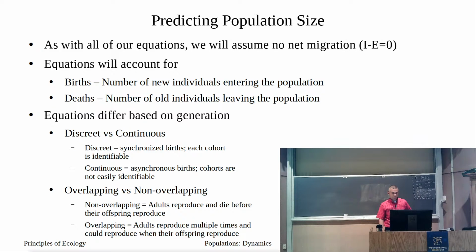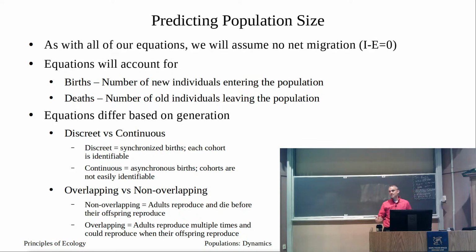So we introduced at the start of this presentation the factors that primarily affect population size, which were births and deaths. Those are the 2 main factors, and then immigration and emigration. As we get into these equations, we're going to assume that there is no net migration.